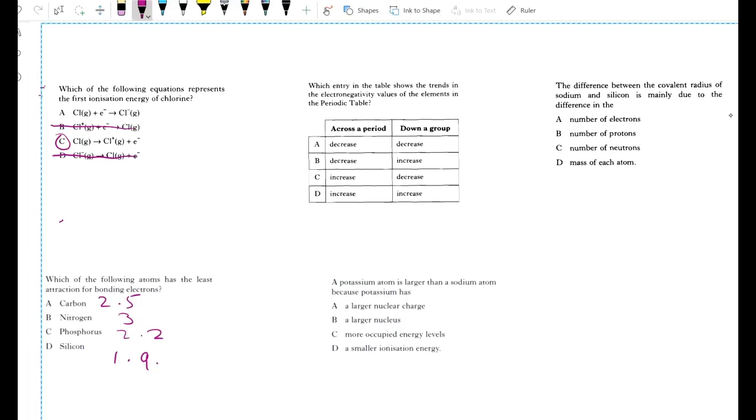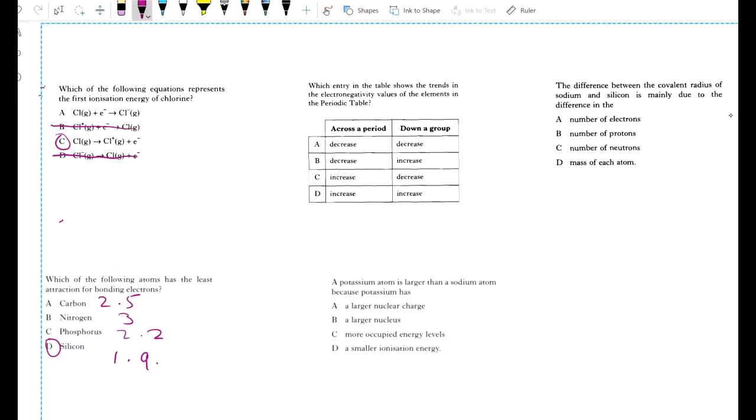Okay, the higher your electronegativity, the higher the attraction for bonding electrons. So you would go to page 11 of your data booklet. You would have a look at your electronegativity values. So carbon is 2.5, nitrogen is 3, phosphorus is 2.2, and silicon is 1.9. Okay, and from there you're just selecting the element with the lowest value, which is D.